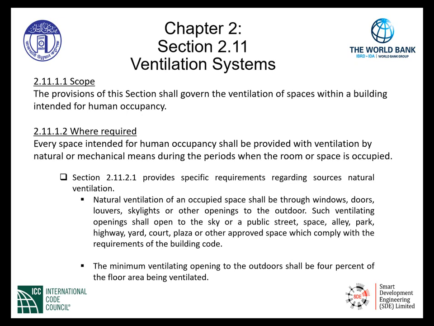We must take clean, fresh air into the building utilizing these openings in our buildings. Such ventilating openings shall open to the sky or a public street, space, alley, park, highway, yard, court, plaza, or other approved space which comply with the requirements of the building code.